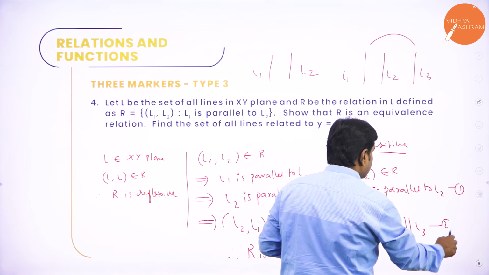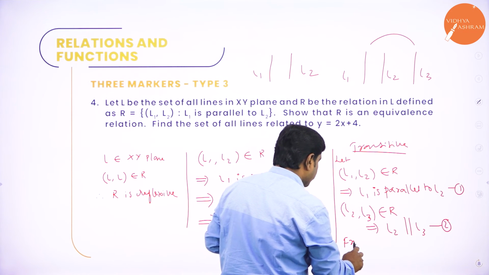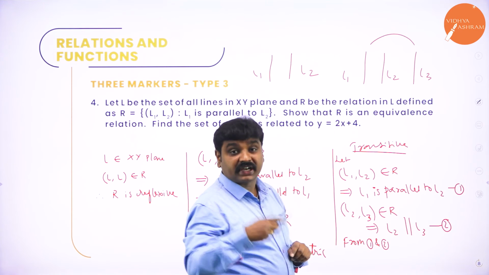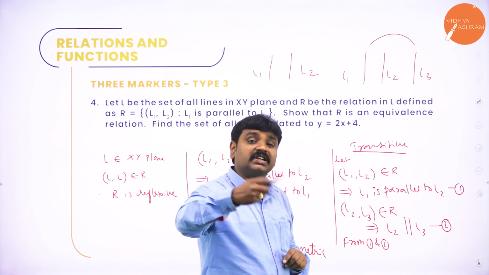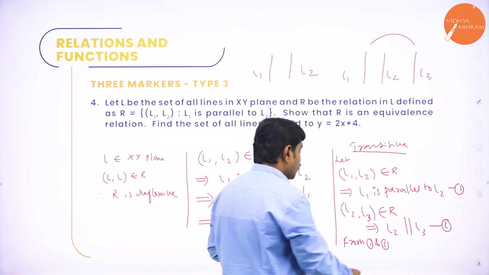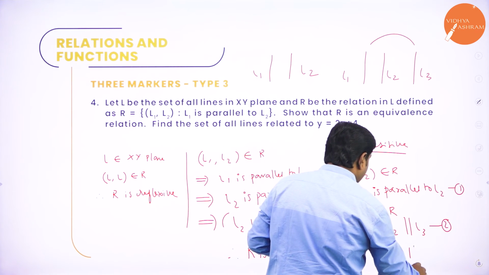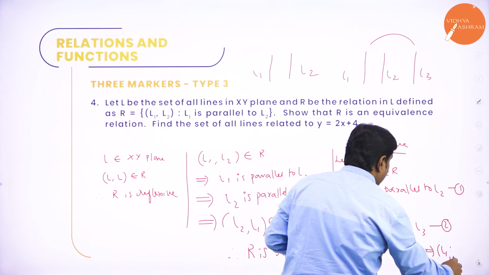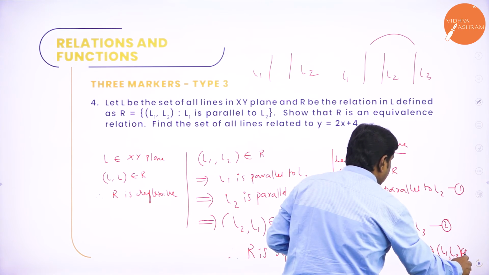Call it as 2. From 1 and 2, what is the conclusion? If first is parallel to second and second is parallel to third, then first and third should be parallel. From 1 and 2, I can say L1 is parallel to L3. That implies L1 comma L3 belongs to R.